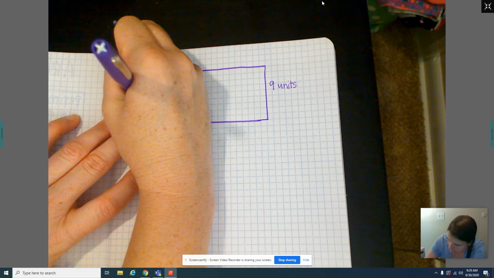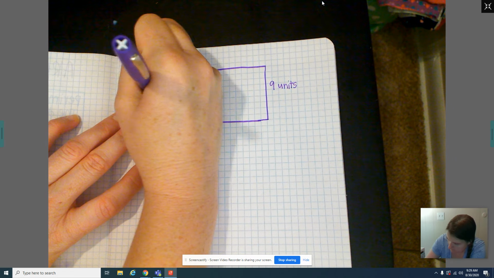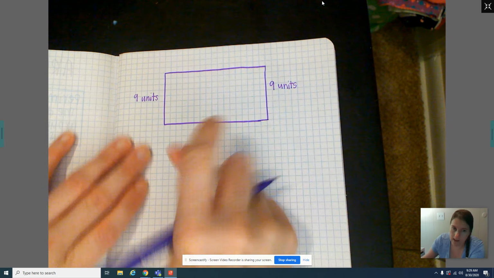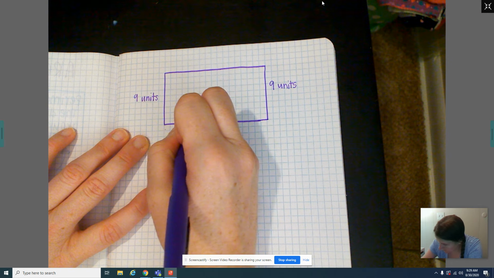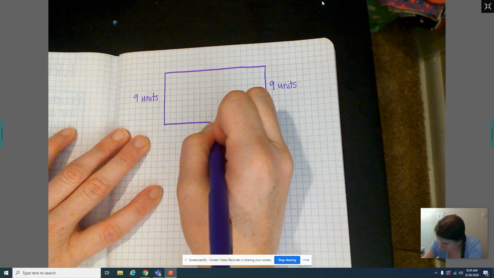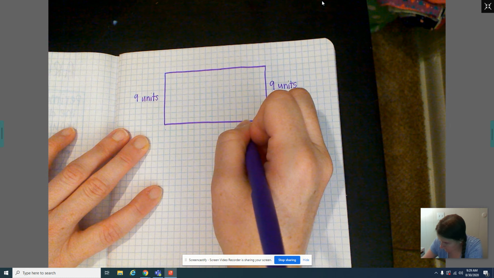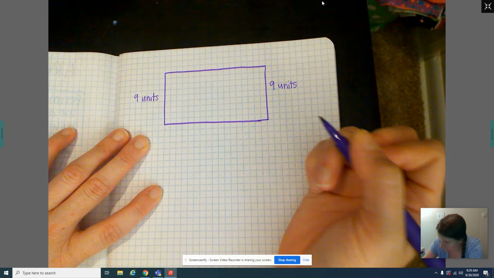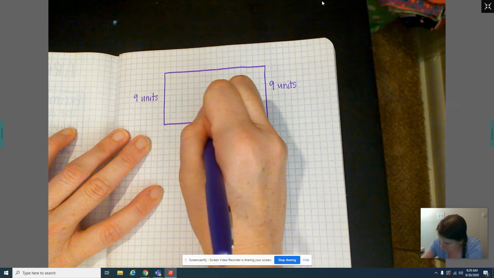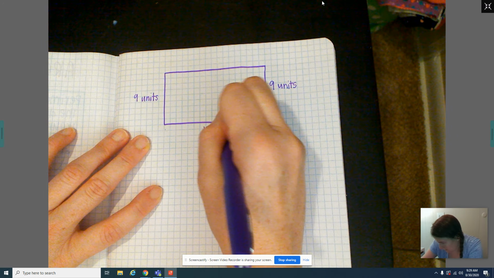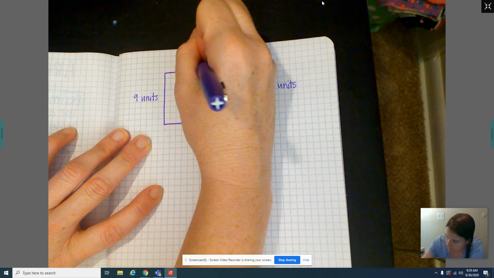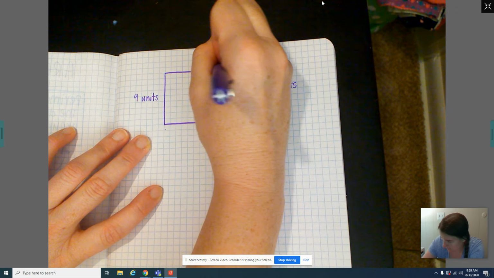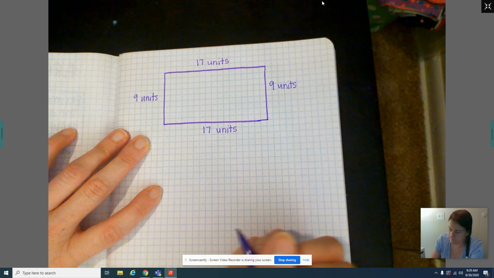And then this other side is 9 units. Okay. Now I'm going to label the top and the bottom. Okay, 17 units. And then 17 units. Okay.